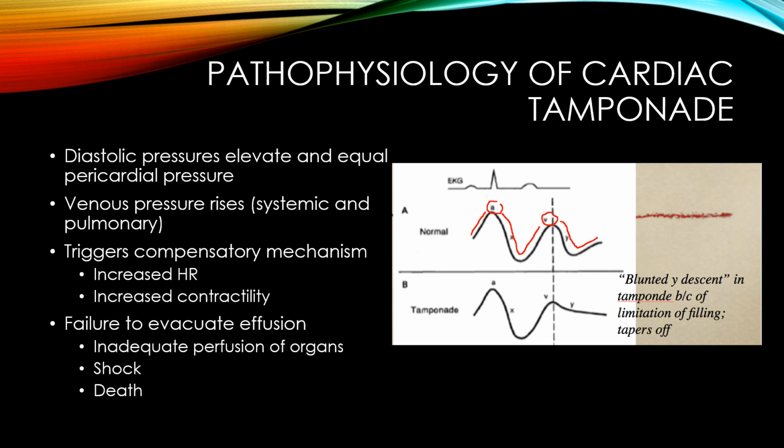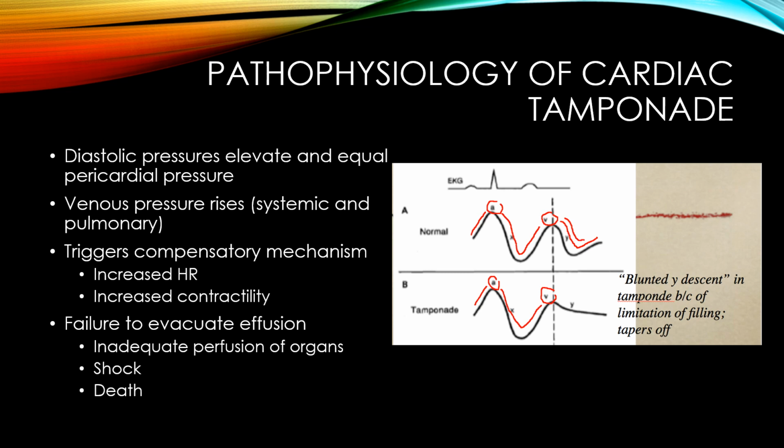In tamponade, however, you can see what looks like our normal A, contraction of the atria, a drop in pressure after contraction, passive filling, and then the tricuspid valve opens again here. But when it opens, if there are increased pressures due to the fluid surrounding the heart and pushing in on these chambers, the blood that filled into the right atrium tries to empty into the right ventricle, as it would up here with Y, where it empties passively.